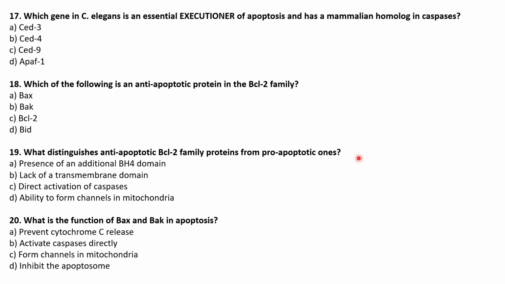All right, next. What is the function of BAX and BAK in apoptosis? I just told you what BAX and BAK are, what kind of function they have as part of the BCL2 family. So what do you remember about what it does in apoptosis? Hmm.